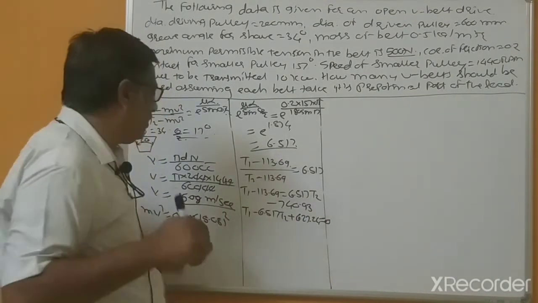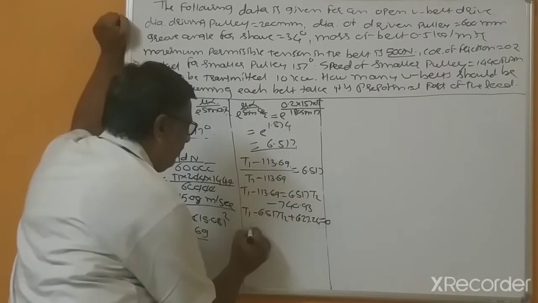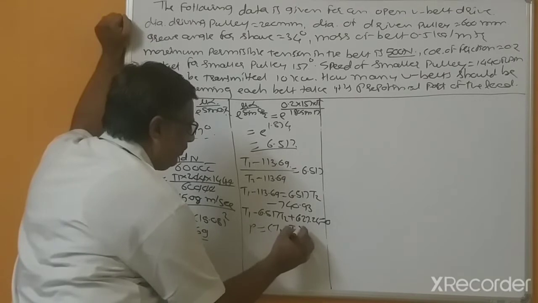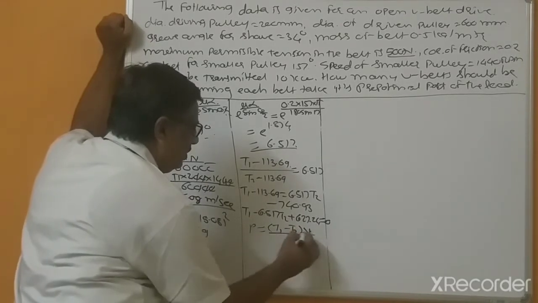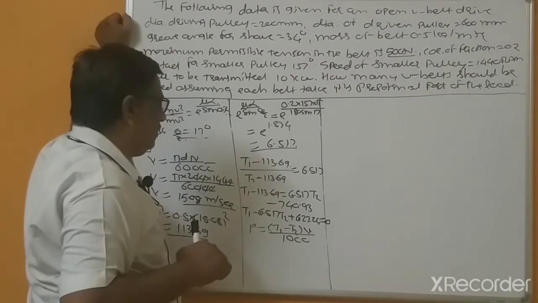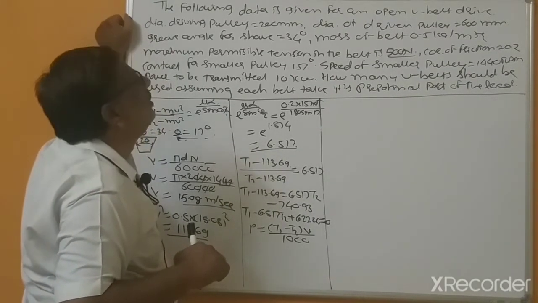We require another equation, and that is the power equation: P equal to (T1 minus T2) multiplied by V divided by 1000, and P is given as 10 kilowatt.